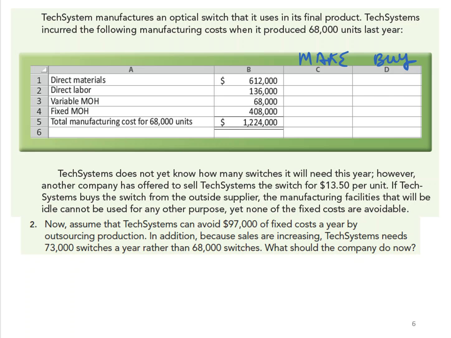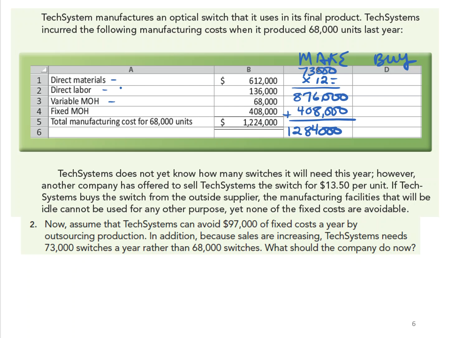If we're going to make 73,000 switches times $12 per unit, that means that we will incur $876,000 in variable costs. And then we add to that our fixed costs of $408,000. Our total cost will be $1,284,000. Now again, this $12 variable cost included our direct materials, direct labor, and manufacturing overhead.